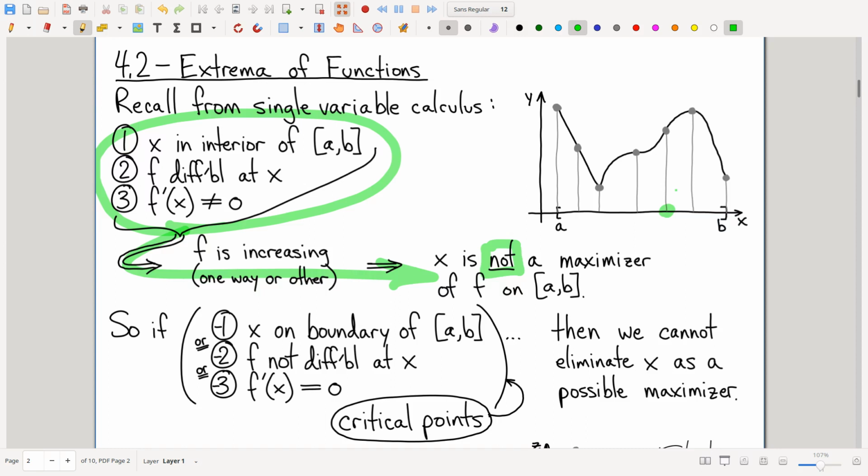Here's the good news. Those three conditions are satisfied at most of the points in the domain. All of those points that I have in green there can't be the maximizer that we're looking for. Now I'm coloring it green because I think of green as being calm.